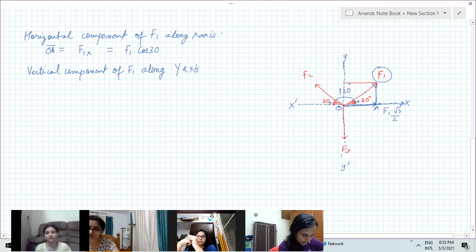You can take sine 30, or in another way, this is F1, this is the y-axis. What is the angle between them? This is 90 degrees, this is 30, so this will become 60. Once again, you take F1, cos of the angle between the axis and F1. Here the angle is 60, so F1 cos 60. F1 sine 30 and F1 cos 60 both will be the same. So this will be F1 by 2.